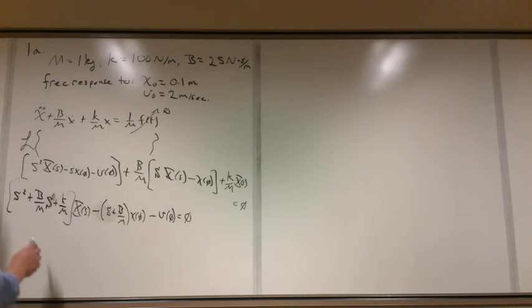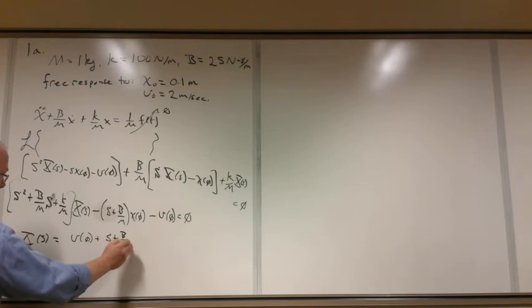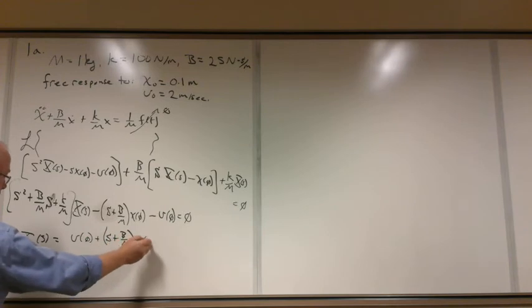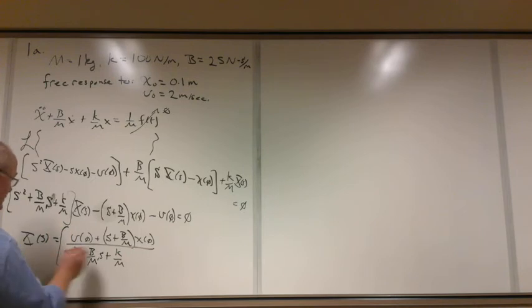In other words, solving for x of s is actually equal to v of 0 plus s plus b over m x of 0, all divided by s squared plus b over m s plus k over m.